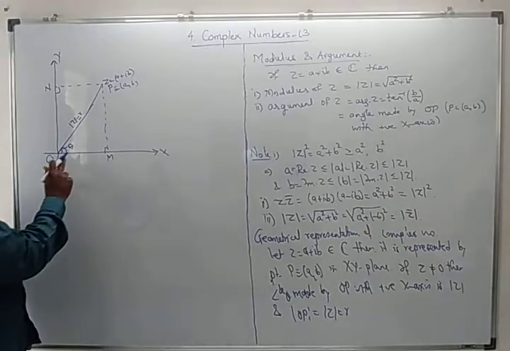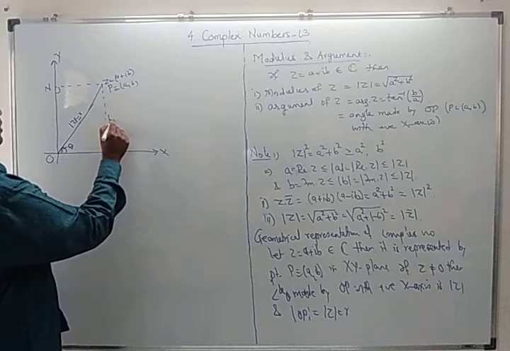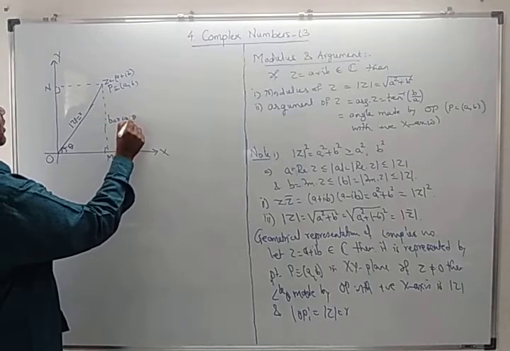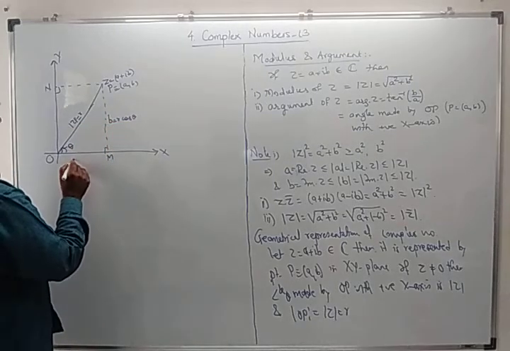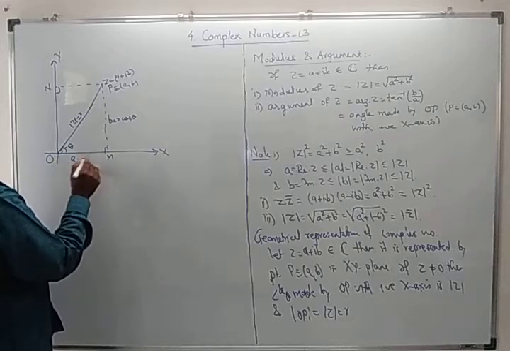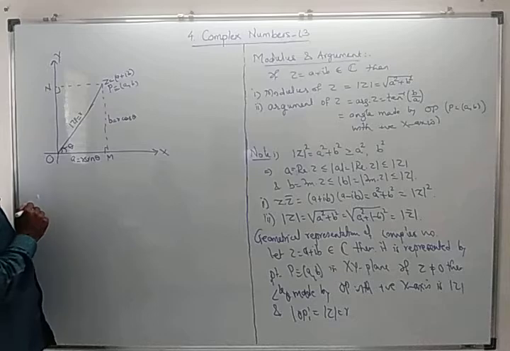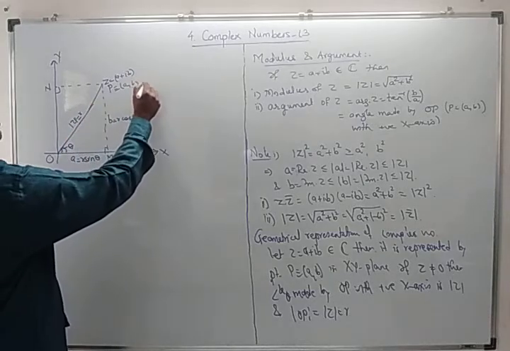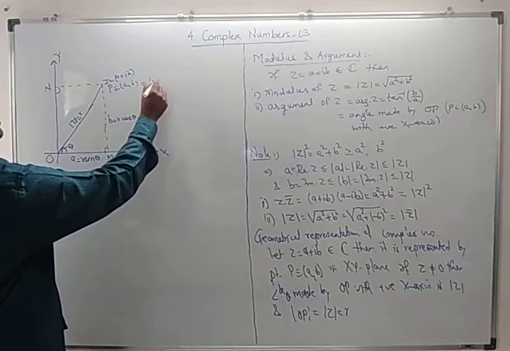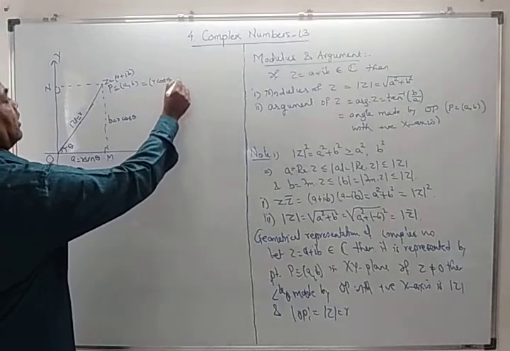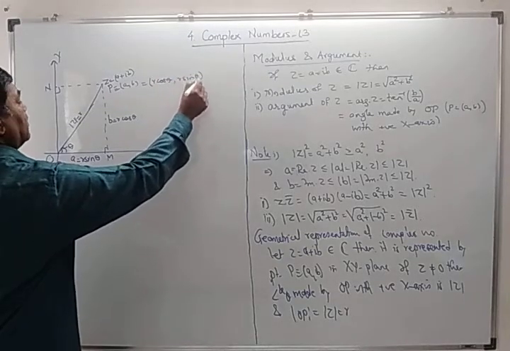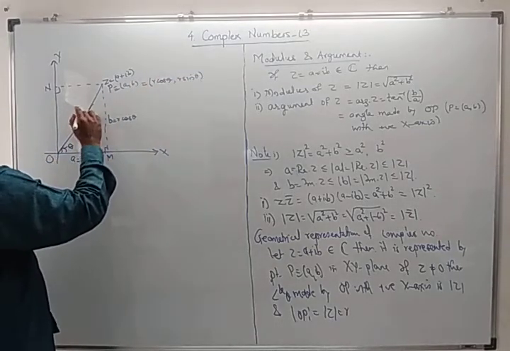Then this a is equal to r cos theta. And what is b? This is your b is equal to r sin theta.